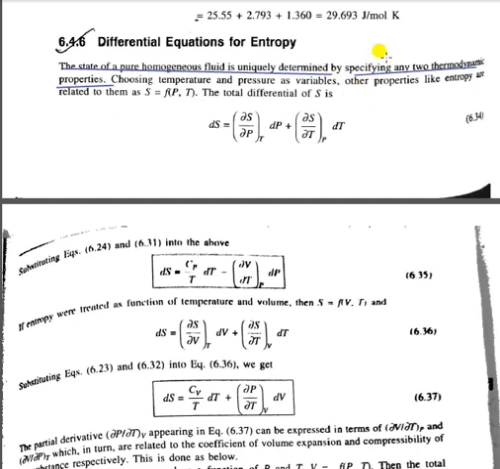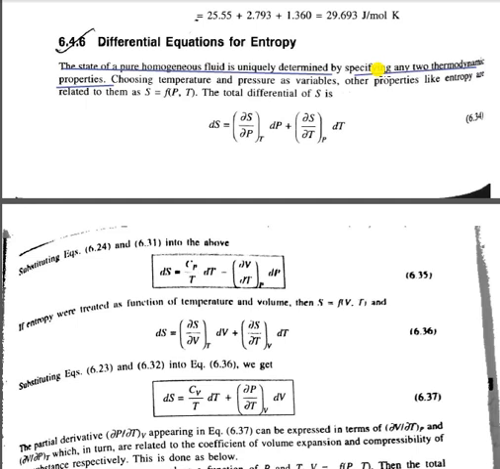So for that particular case, any two thermodynamic properties can be determined by the homogeneous state function. Choosing temperature and pressure as variables, other properties like entropy are related to them, as S is a function of P and T.